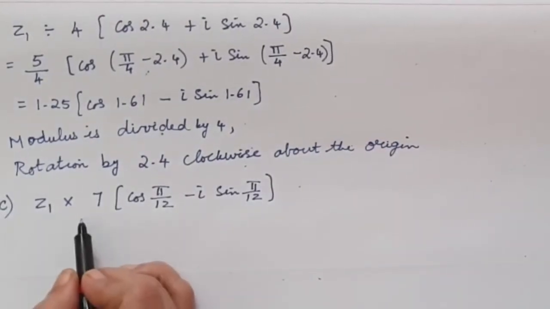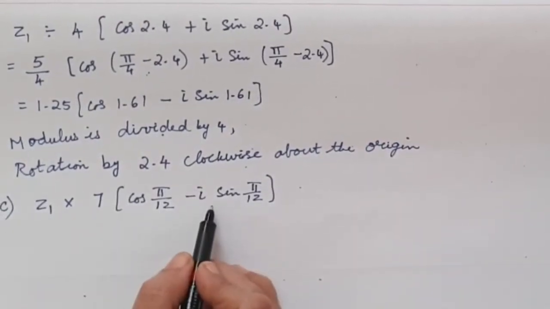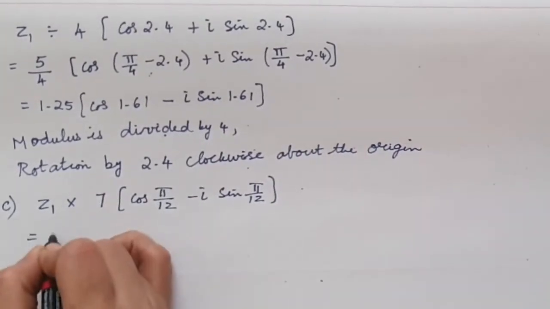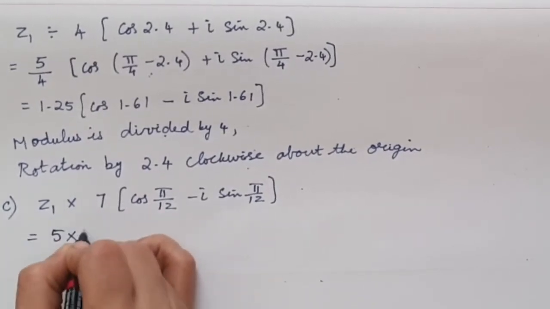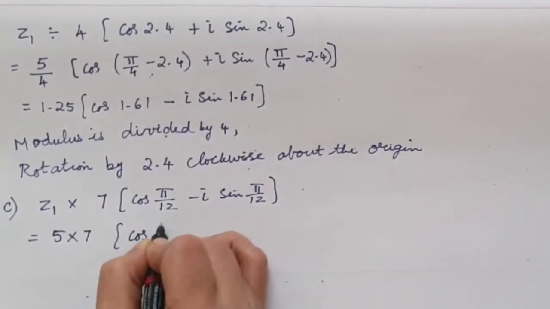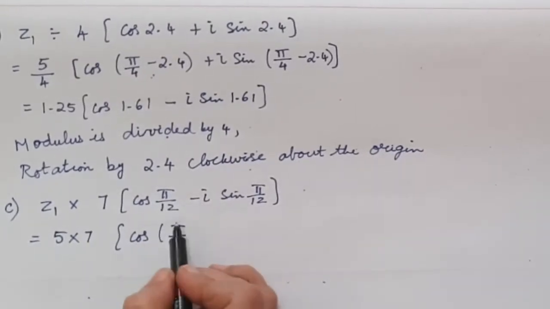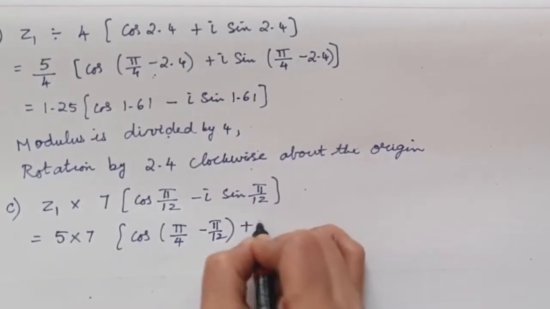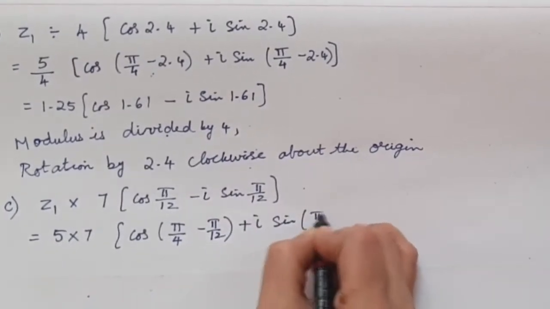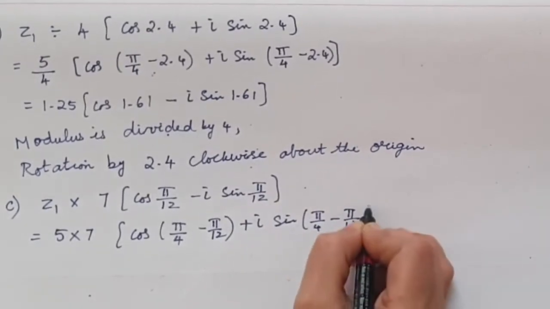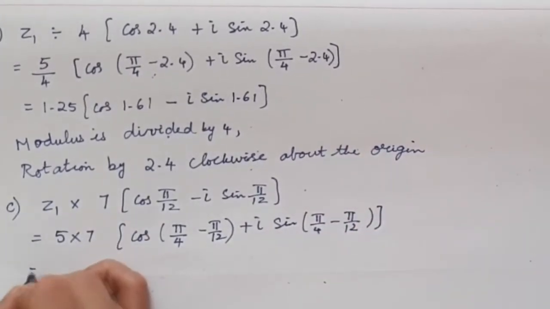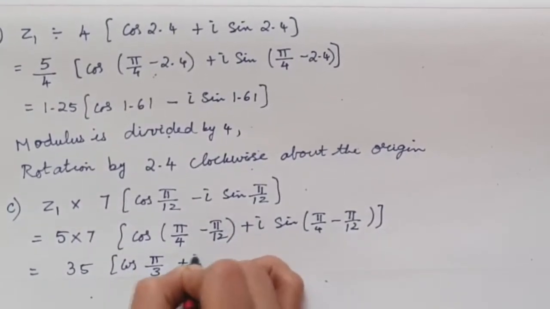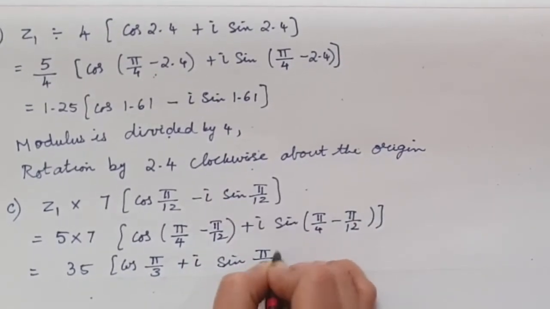Now the C part: z1 multiplied by 7 cos pi by 12 minus i sine pi by 12. So we take this negative inside. This will give us the magnitude of z1, 5, into 7, into cos of pi by 4 plus the argument, which is minus pi by 12, plus i sine of pi by 4 minus pi by 12. When we simplify it, it is 35 cos pi by 3 plus i sine pi over 3.